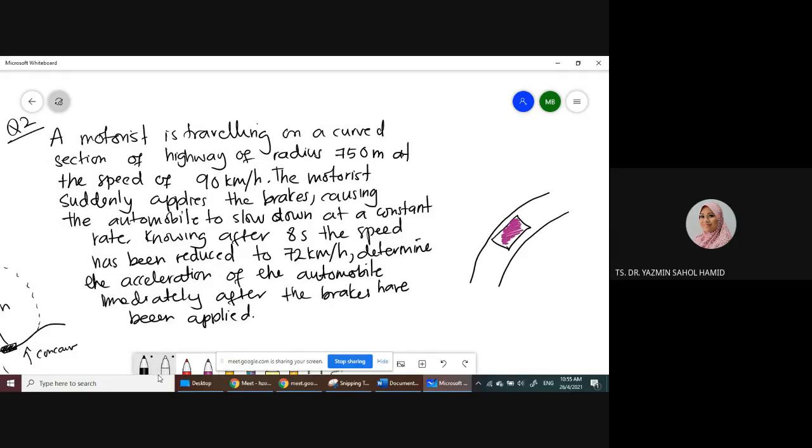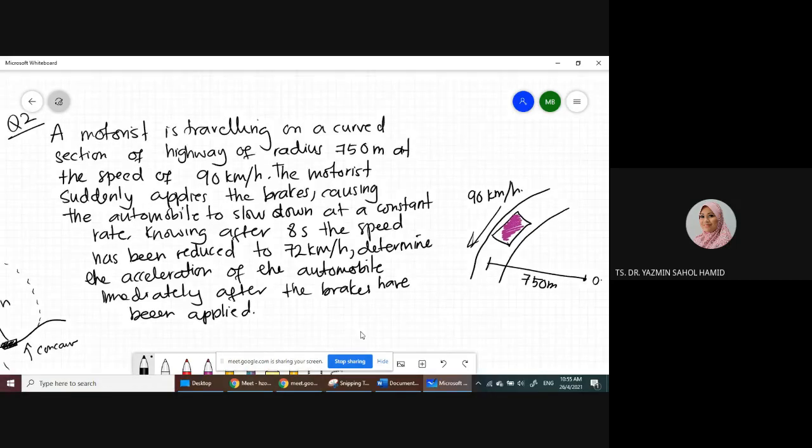So this is the car and the radius is 750 meters, and it's going in this direction at 90 kilometer per hour.